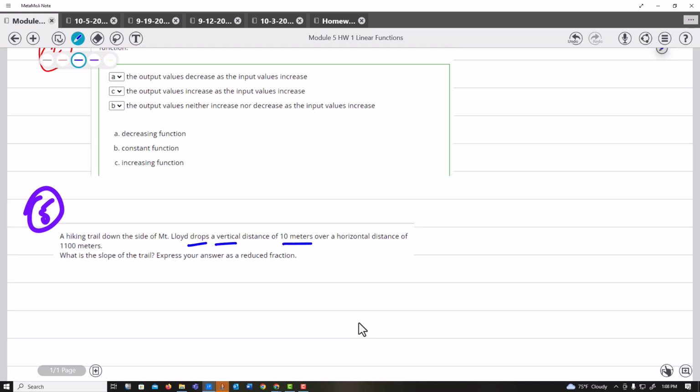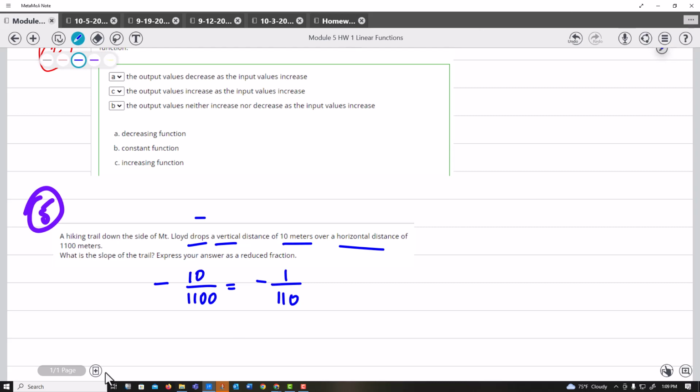And it drops, that tells me this is going to be a negative number, over a horizontal distance of 1100 meters. So the slope would be negative 10 over 1100, which reduces to negative 1 over 110.